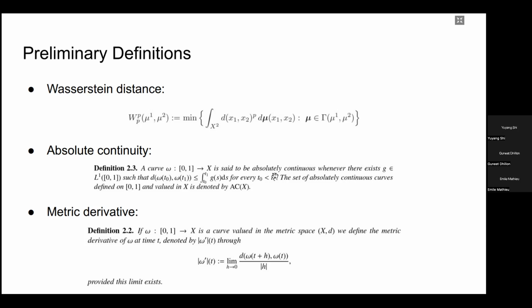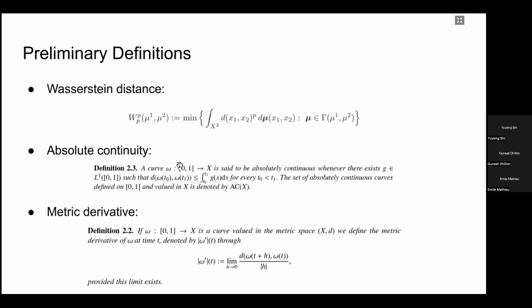And then it's said to be absolutely continuous if there's a function g that's integrable, such that, where d is the distance on this metric space, the distance between this curve at t0 and t1 is less than or equal to the integral of this function g between t0 and t1. So this is the definition of absolutely continuous.